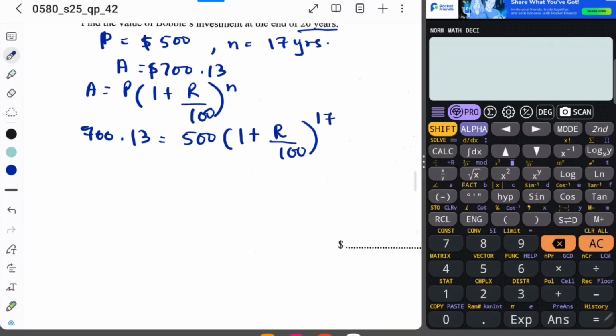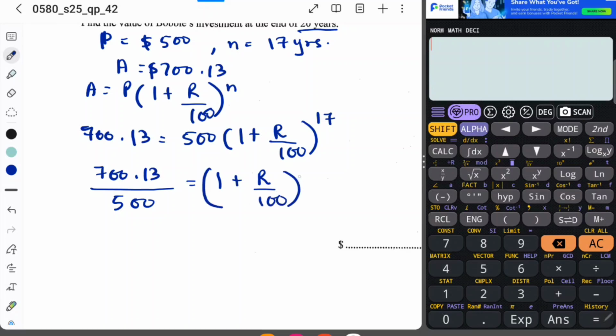So what do we do? I will show you this calculation, because students find it difficult. Divide by 500: 700.13 upon 500 equals (1 plus R over 100) to the power of 17.